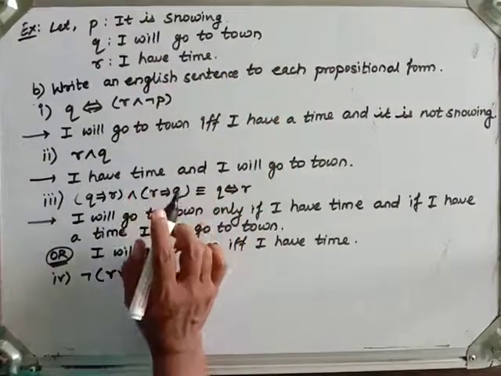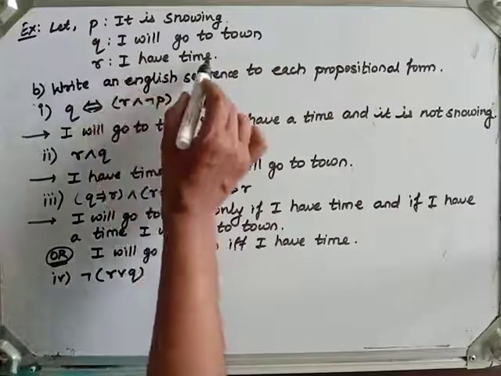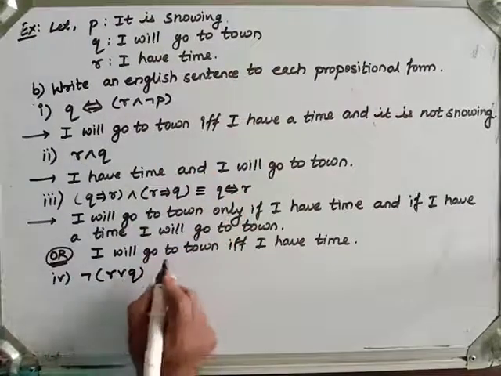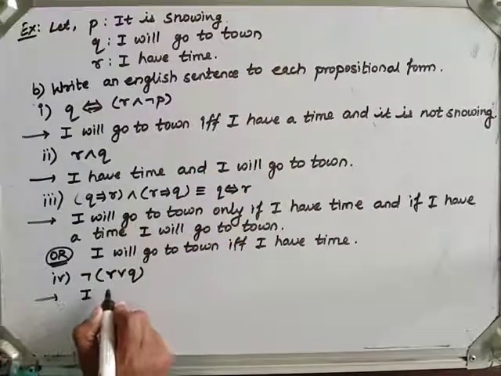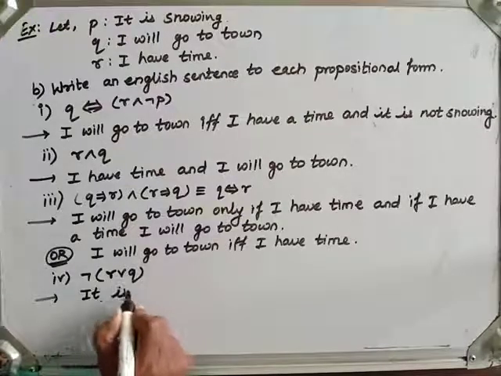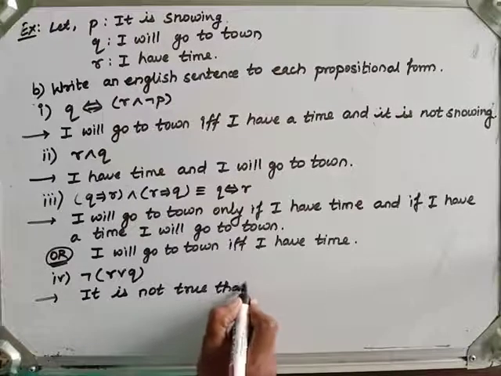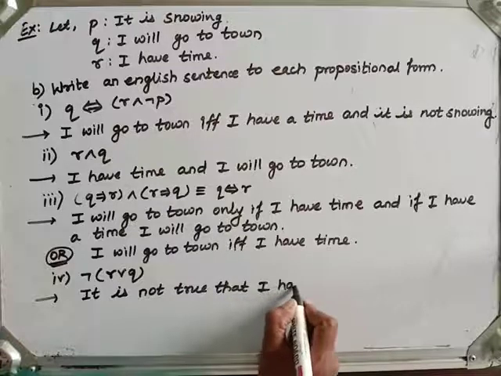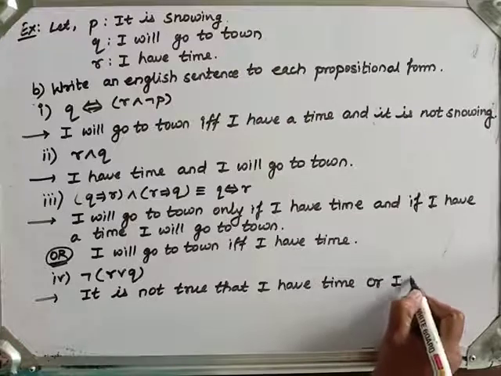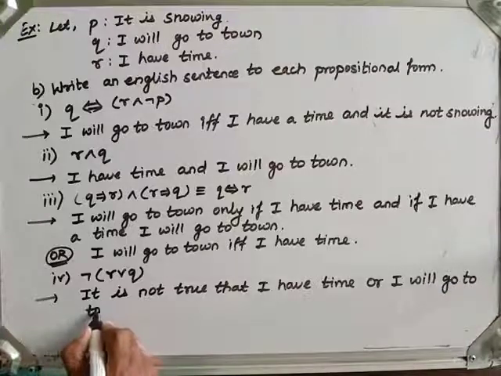So it can be written that I have a time or I will go to town, and negation of that one is that it is not true that I have a time or I will go to town.